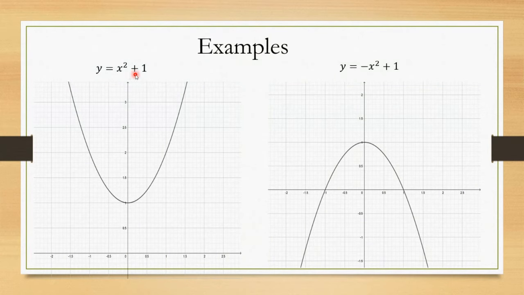This is the graph of y equals x squared plus 1. As you can see, it looks like a U, I guess, but without that little tail. We have seen y equals x squared before, and here we're just shifting the graph upward 1 unit, vertically.